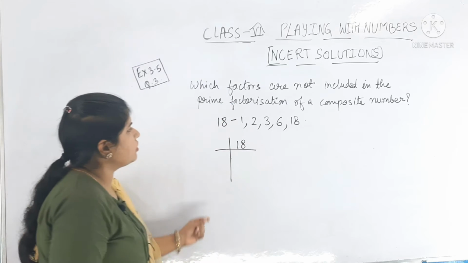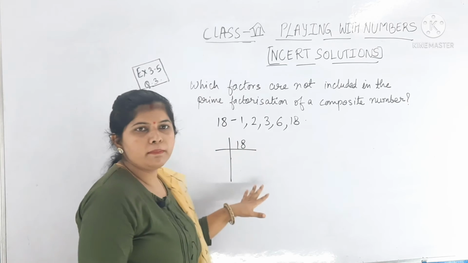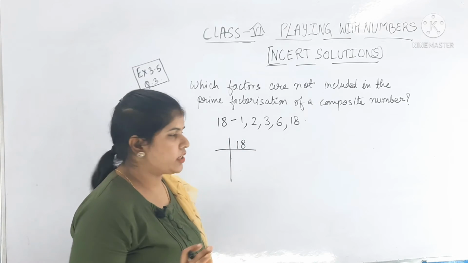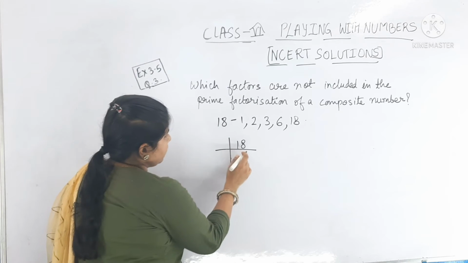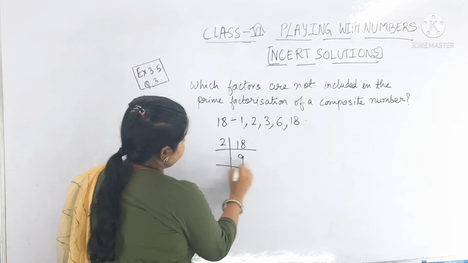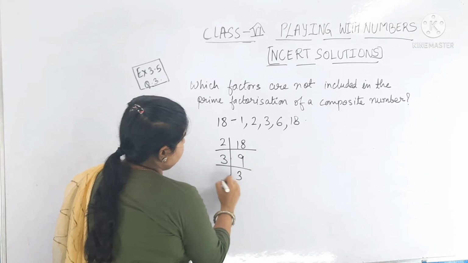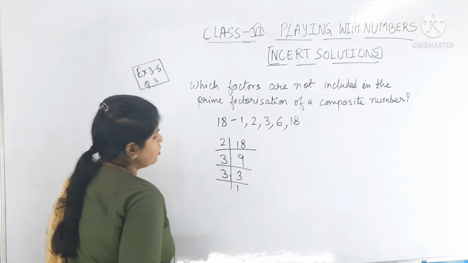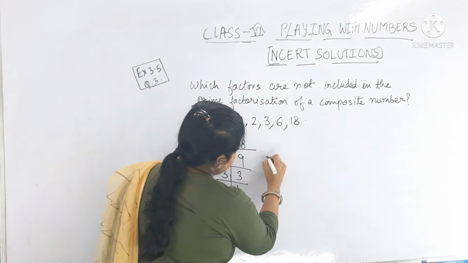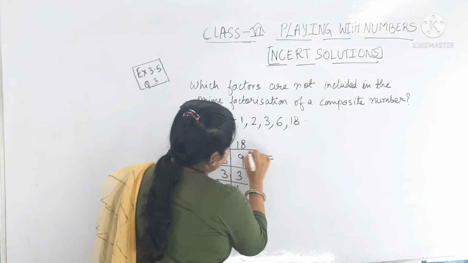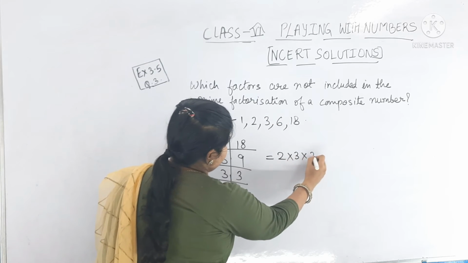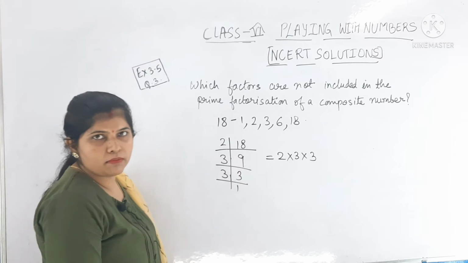In prime factorization, we divide the number by only prime numbers. So here 2 9s are 18, 3 3s are 9, 3 1s are 3. So here 1 is not included in the prime factorization. The prime factorization of 18 will be 2 into 3 into 3, which are all prime numbers.